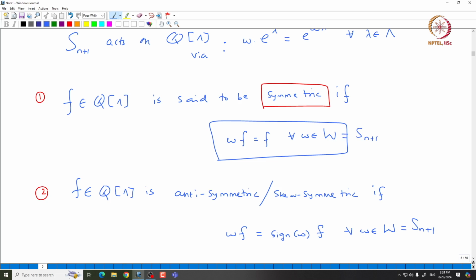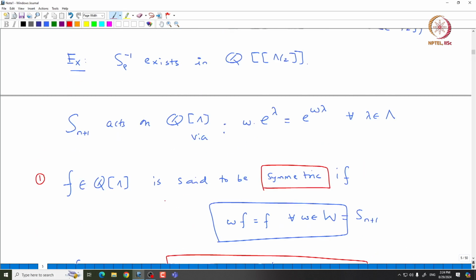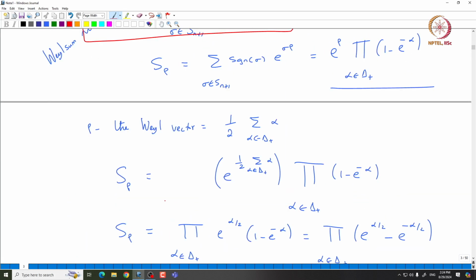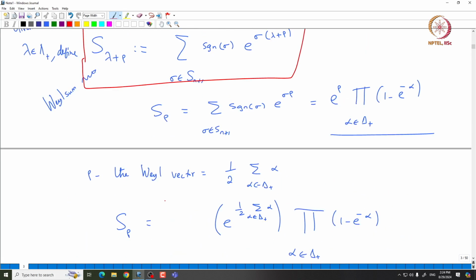Okay. So, this is the definition of symmetric and anti-symmetric elements, and we know actually that the elements defined here, S lambda plus rho, are all anti-symmetric elements.